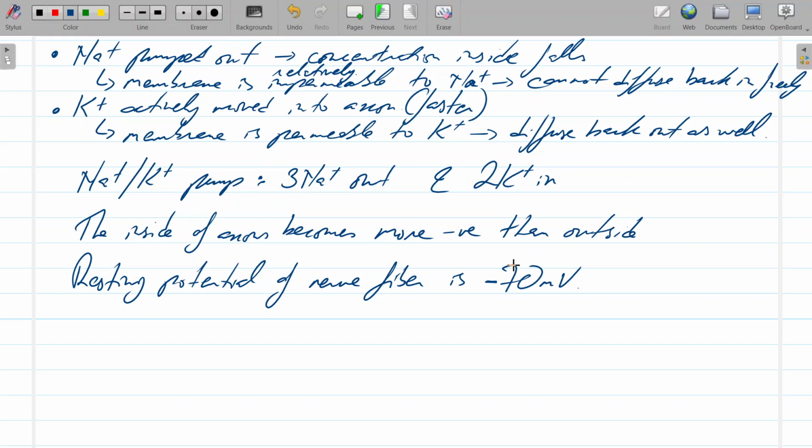It's more negative by 70 millivolts inside than it is outside, and that is called the resting potential. And in this case, it is called polarized.